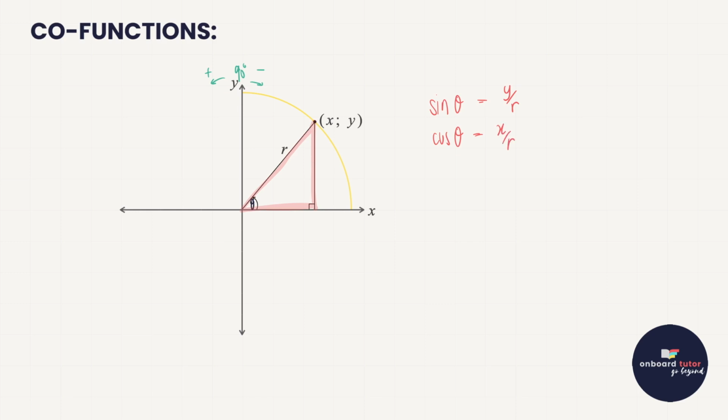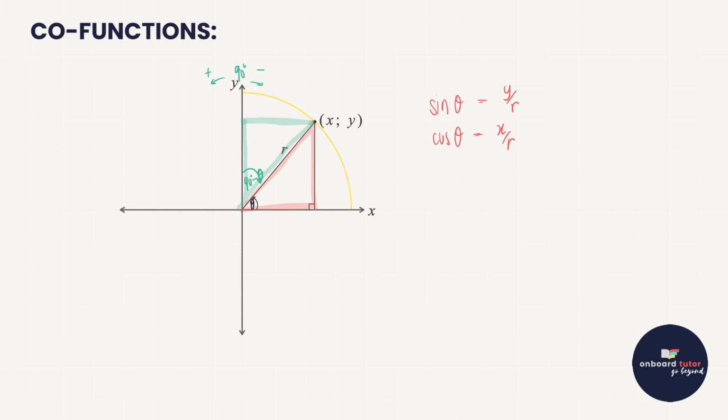Okay, but now if we were to introduce this other angle here, and we said, well, actually I want to take an angle that comes from this y-axis here. This angle here would be 90 degrees minus theta, because this is a right angle, and so there we have it. Now if I asked you in this triangle for sine and cos, let's have a look at what that would look like.